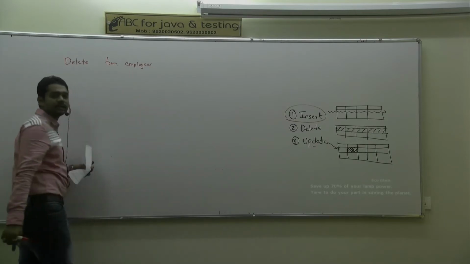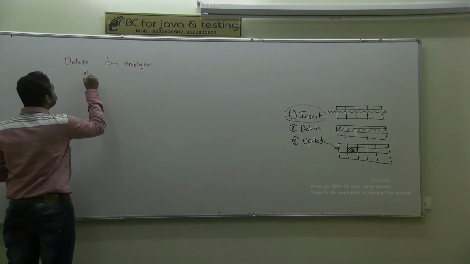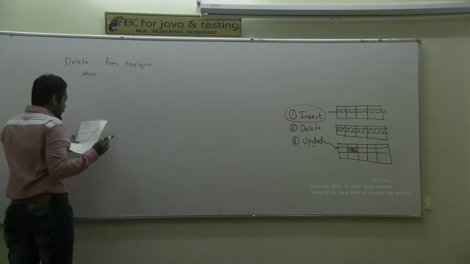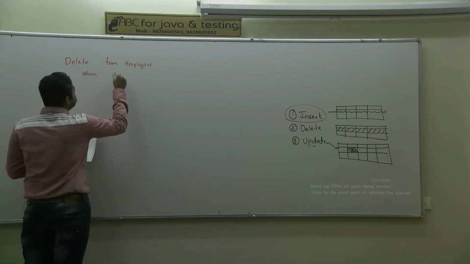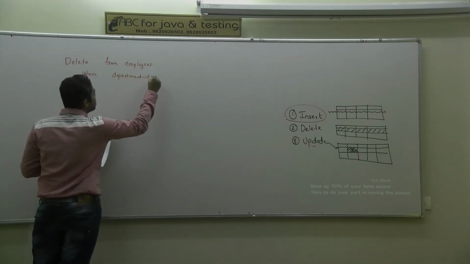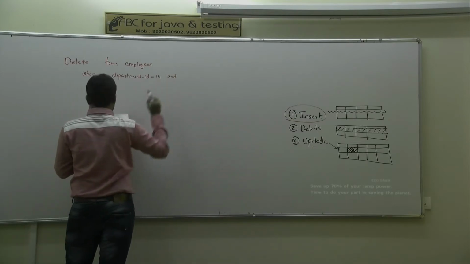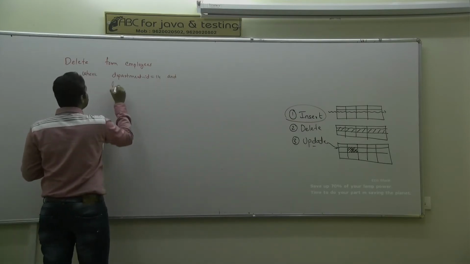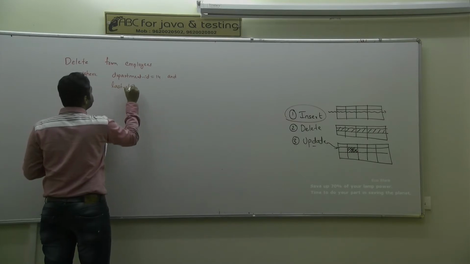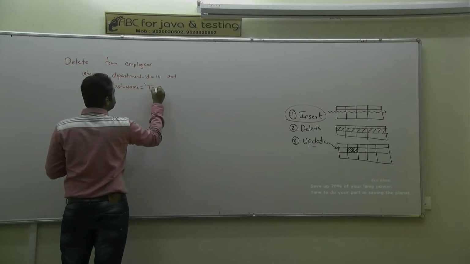Delete from employees where department ID is equal to 14 and last name equal to Taylor.